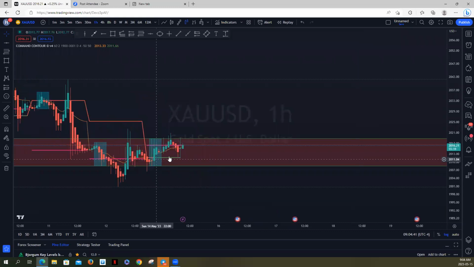We have the command contour level here. The command contour and zap zone kind of give you an indication of the potential of where the market is headed. If you see the zap zone at this point, this is the lowest point where it'll go. Then you see the command contour is green. So that's two confirmations that we're looking for buys, right?